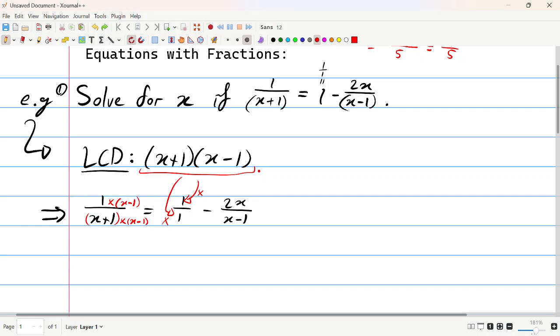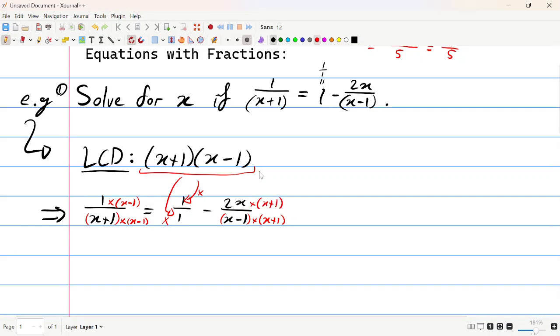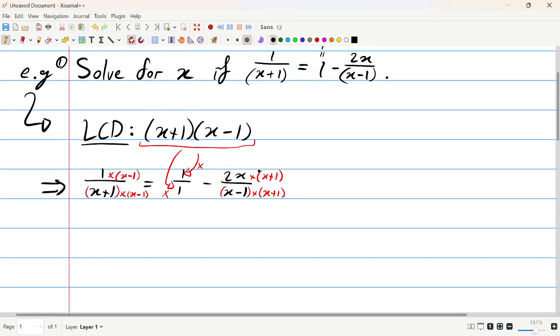And then for the last one, notice we have x minus 1, but we're missing x plus 1. So what you do at the bottom, you do at the top. So multiply it by x plus 1, and then we obviously multiply by x plus 1 in the numerator. And now what are we going to get as an actual output? What you notice is that we are going to have x minus 1 divided by x plus 1 multiplied by x minus 1.